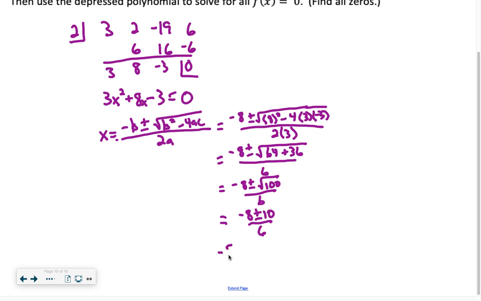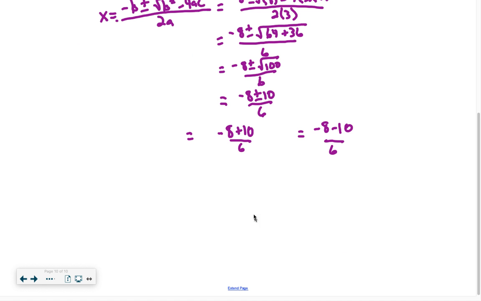We would have negative 8 plus 10 over 6 and negative 8 minus 10 over 6. So negative 8 plus 10 would be 2 over 6, which would reduce to 1/3. And negative 8 minus 10 would be negative 18 over 6, which would just be negative 3.